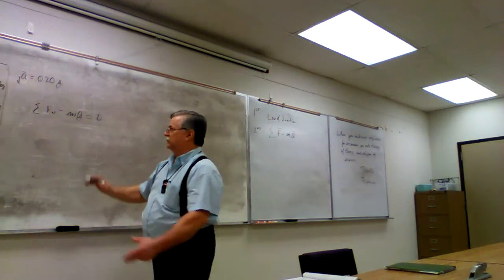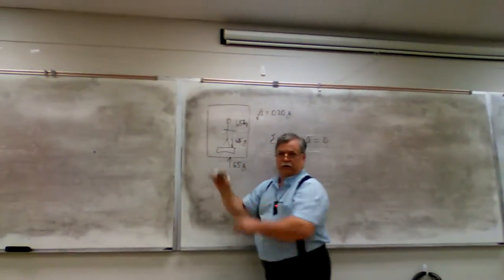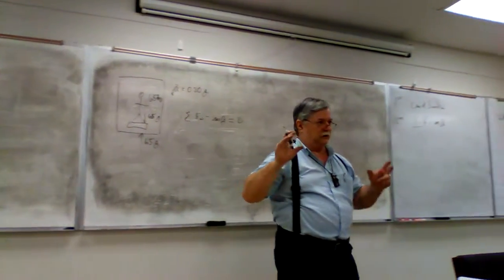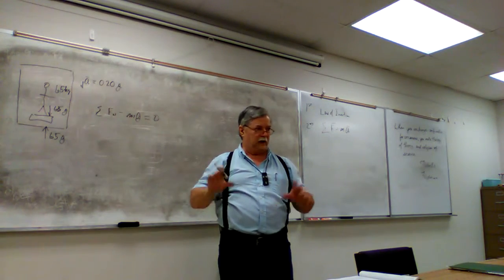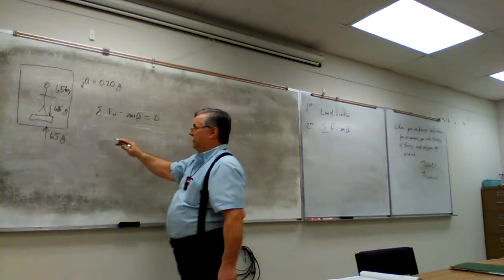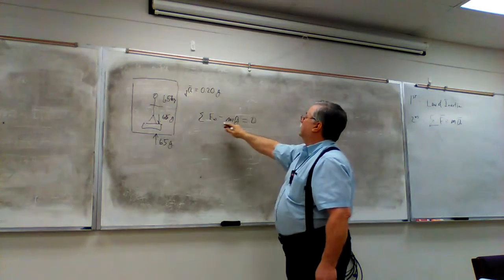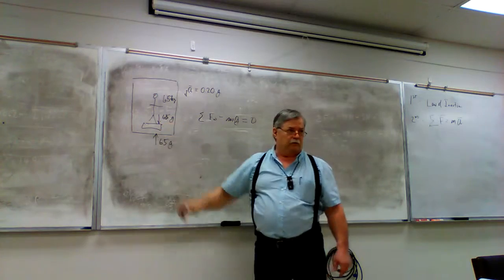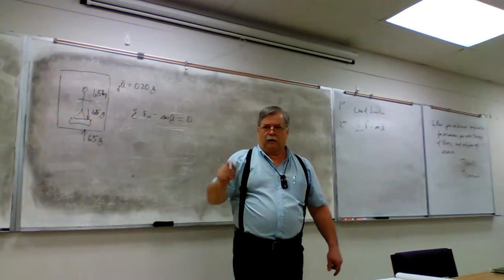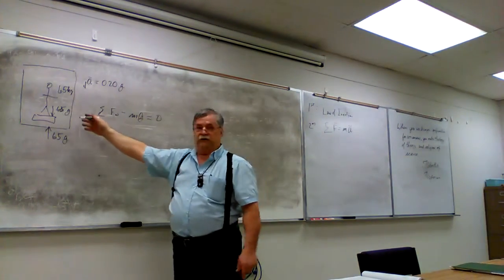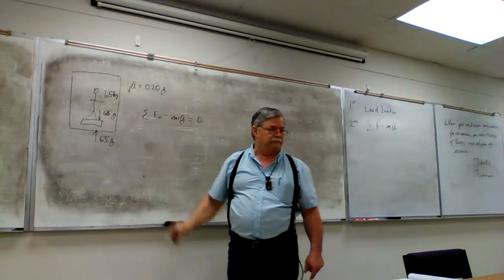As long as this frame of reference is not accelerated and is at constant velocity, then it is an inertial frame, and the sum of these forces will equal 0. At that point, it reads 65 kilograms.